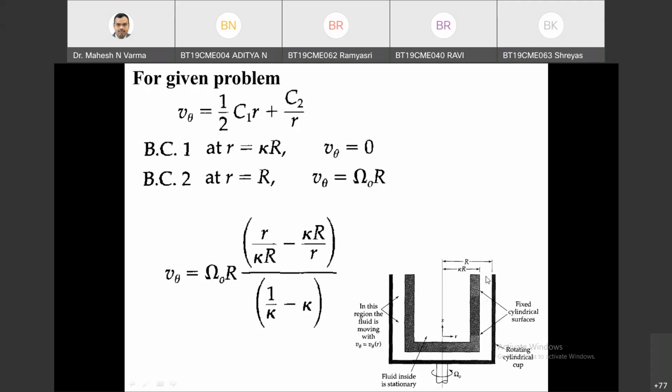So in this region, V theta will be a function of Z. But as this is my main region of interest, where I want to develop the velocity profile, I am neglecting this variation and accounting these as the end effects. Okay. Got it. Thank you.